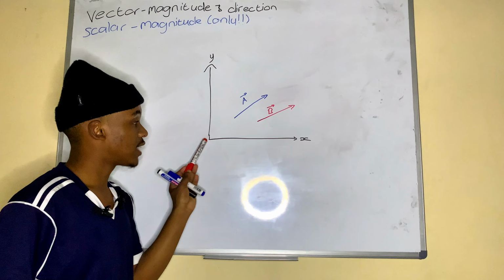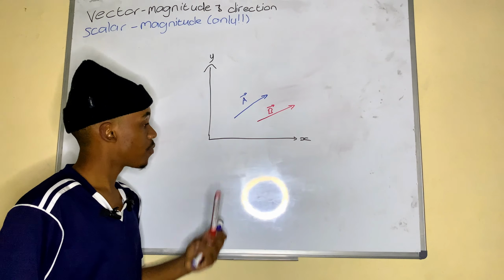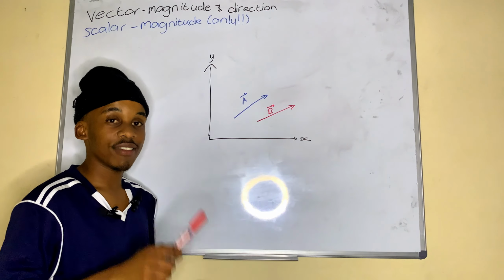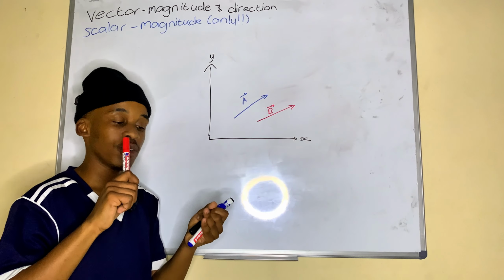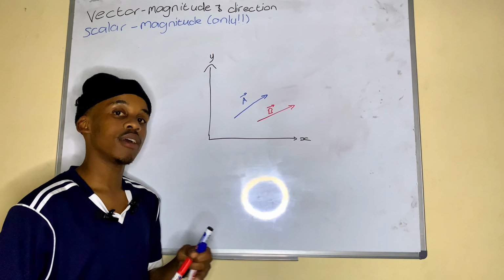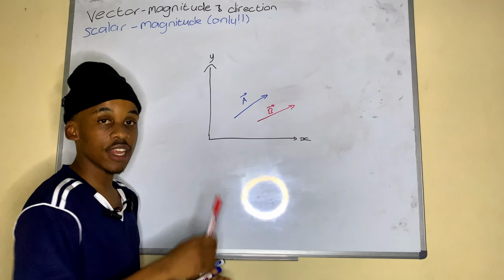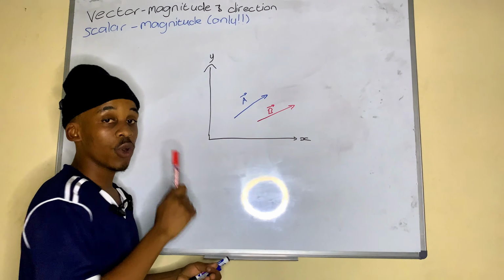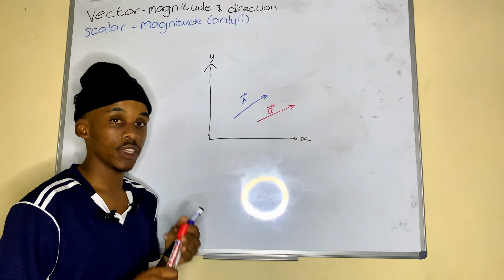In the two-dimensional coordinate system, vector A and vector B will have an x component and a y component. But in three dimensions, they'd have three components. But since we're working with two dimensions, they would only have the x component and the y component.